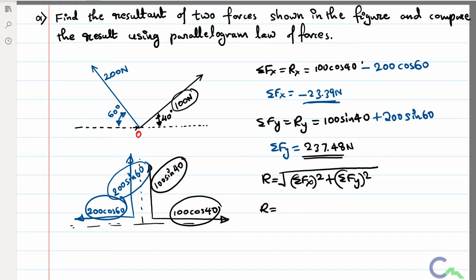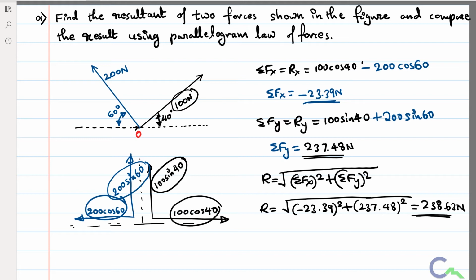Therefore R is equal to root of sigma Fx, we got minus 23.39 whole square plus 237.48 whole square, so we'll get the resultant 238.63 Newton.